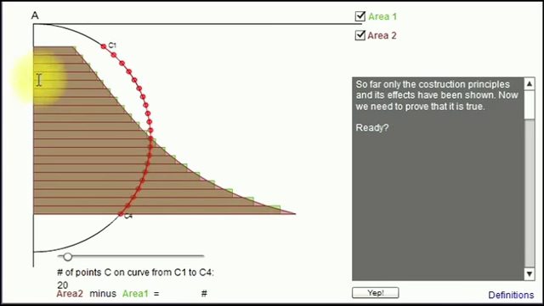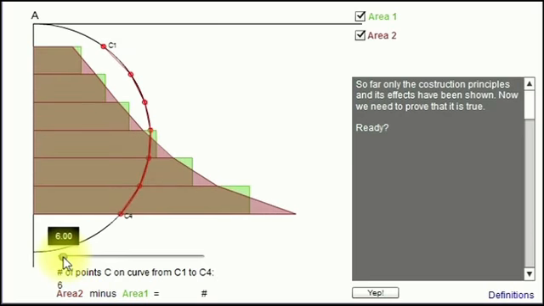For that purpose, we start looking at, for instance, one of these little segments. Let me make this a little larger. We basically place 2 points on the curve, and we look at a single segment like this.